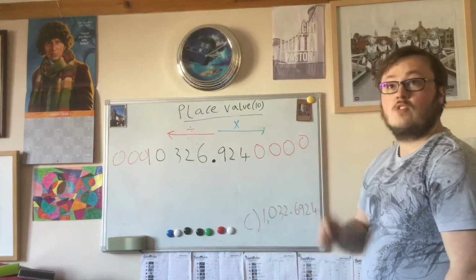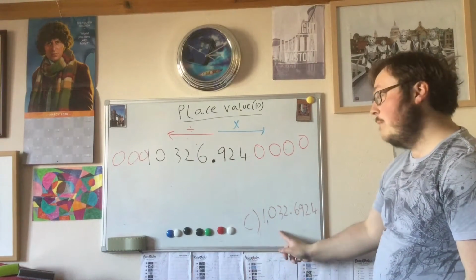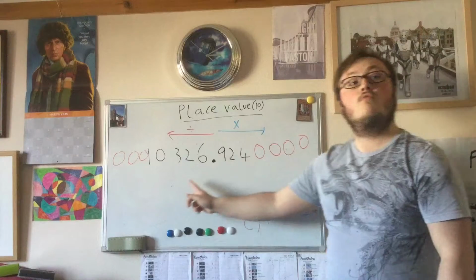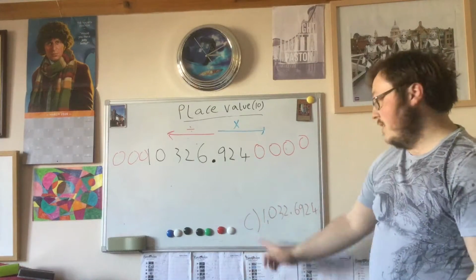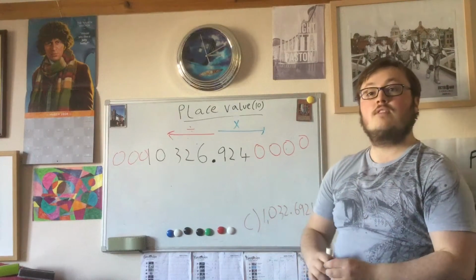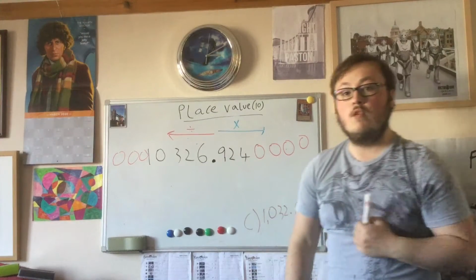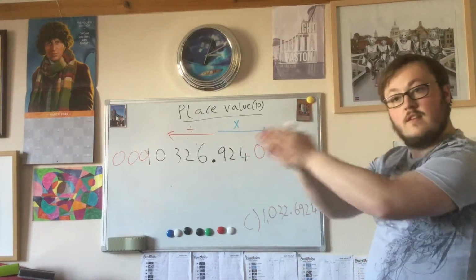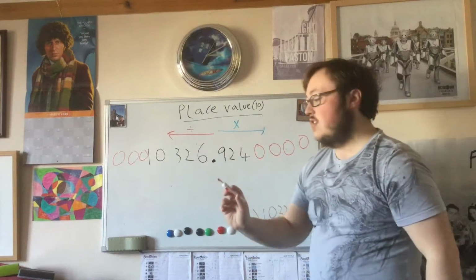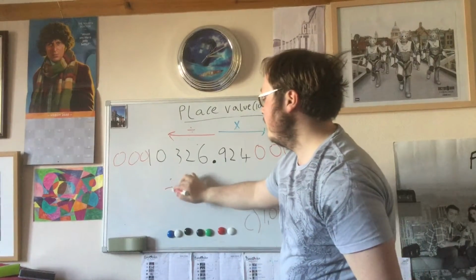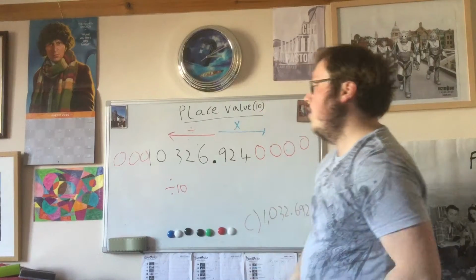So, the first question I asked myself, is this number smaller than the original? So, because it is smaller, we are going to be dividing. And because we're dividing, we are moving our decimal in this direction. So, let's start off by dividing by 10. What happens?